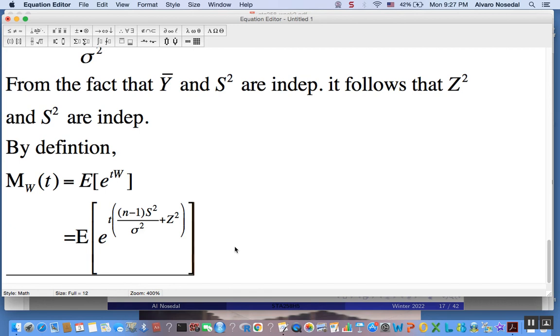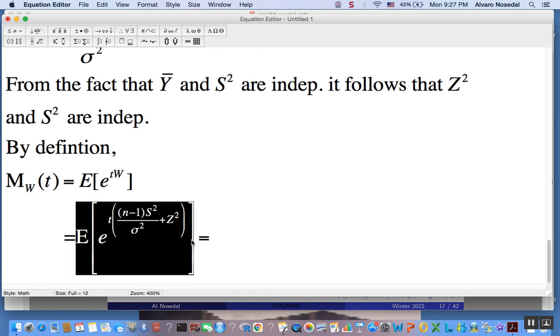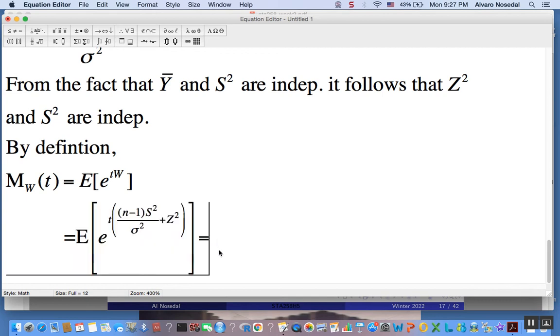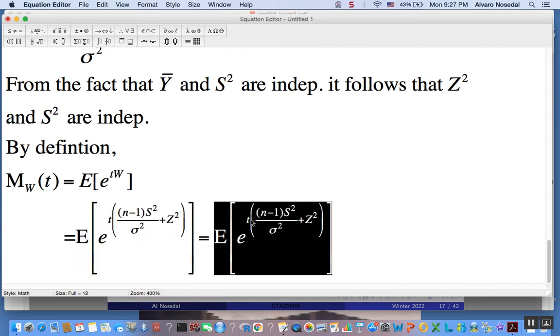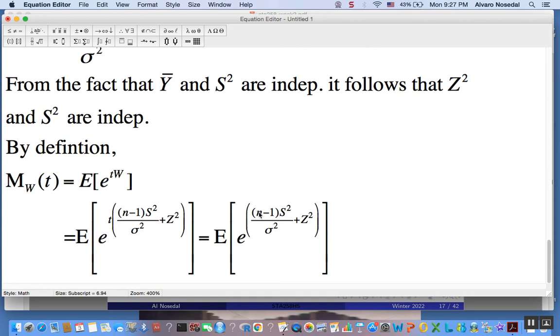Okay. So now let's do a little bit of algebra. This is the same as t times the first term, t times the second term. No problem.